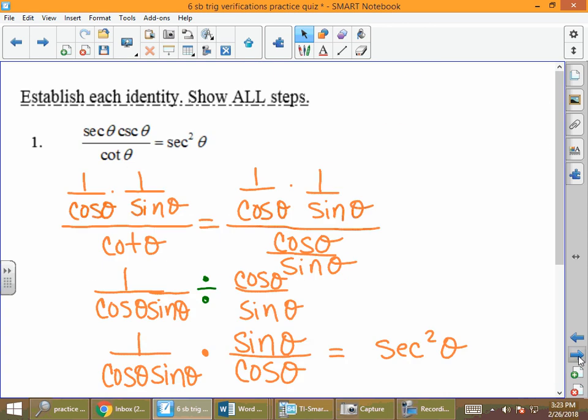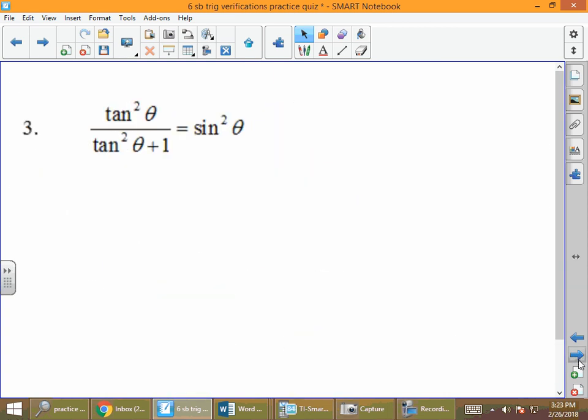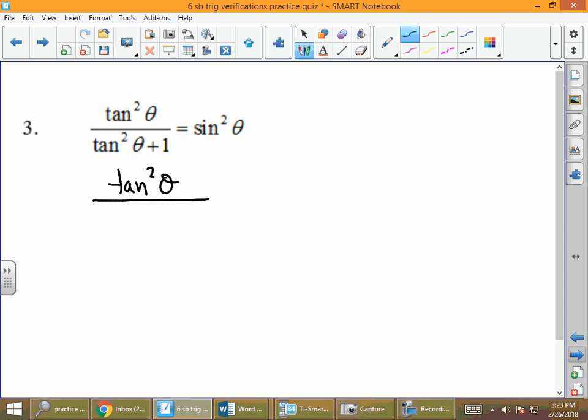Now let's go back and instead of writing tangent squared theta plus 1, we'll leave our tangent squared theta in the numerator. But tangent squared theta plus 1 we're going to rewrite as secant squared theta. Now, maybe as an extra step here, what this means is tangent squared theta divided by secant squared theta.